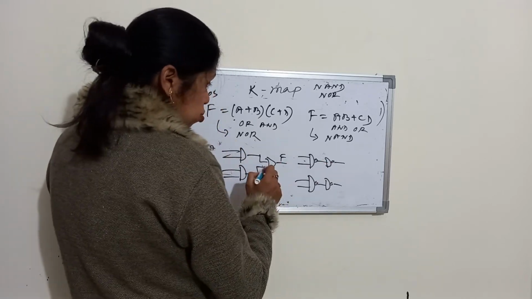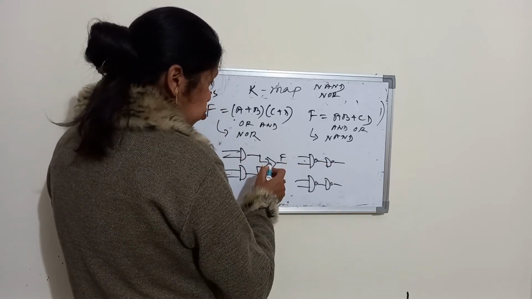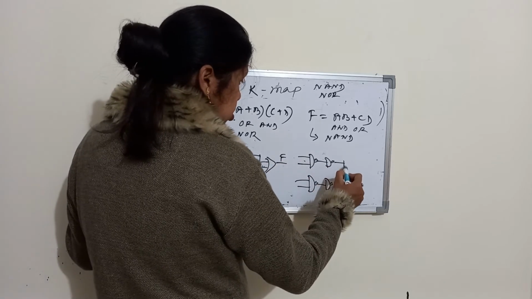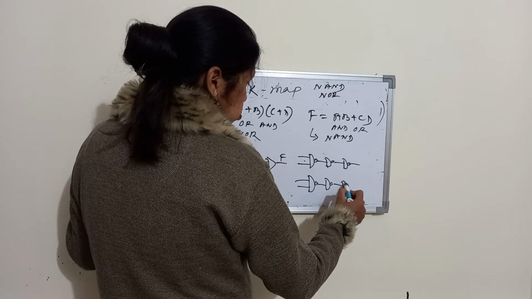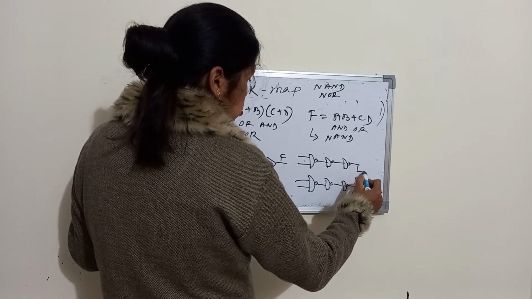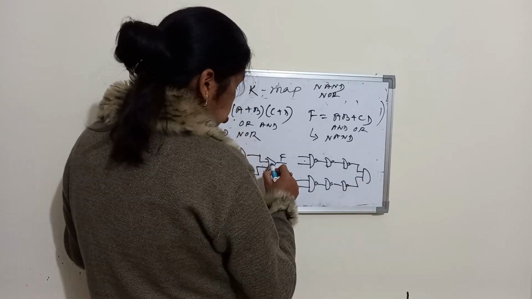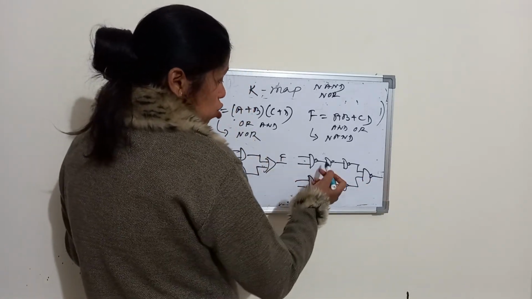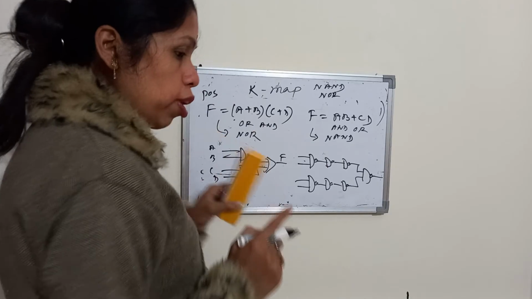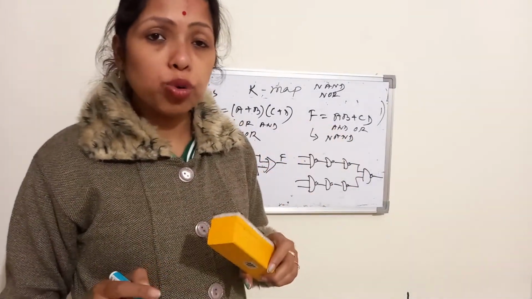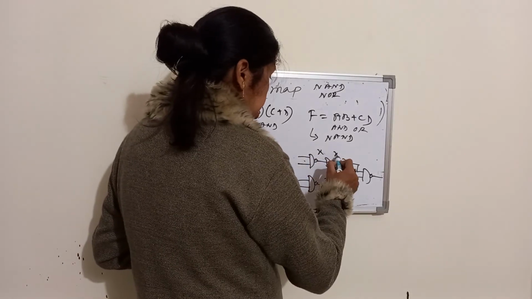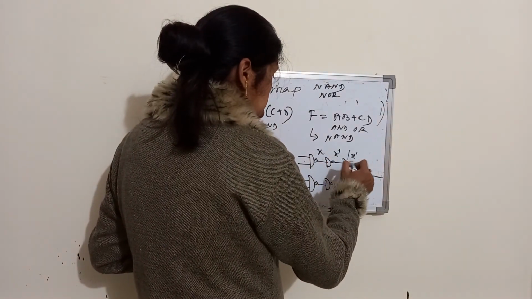Now for OR gate. For OR gate, how can you replace OR gate with NAND gate? In front of the OR gate, I have to put two more NAND gates. And this will be replaced by one NAND gate. Okay. Now here also, same case you see. So one NOT gate is equivalent to one single input NAND gate. Okay. Suppose if you have X here, you will get X prime here, you will get X prime prime here.